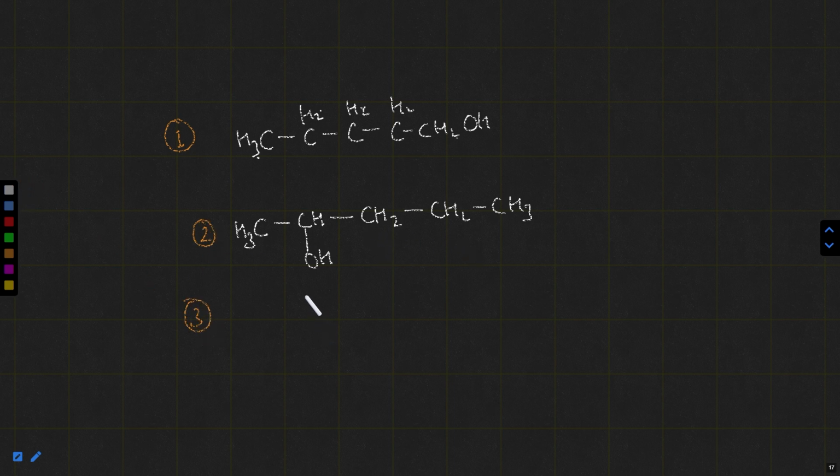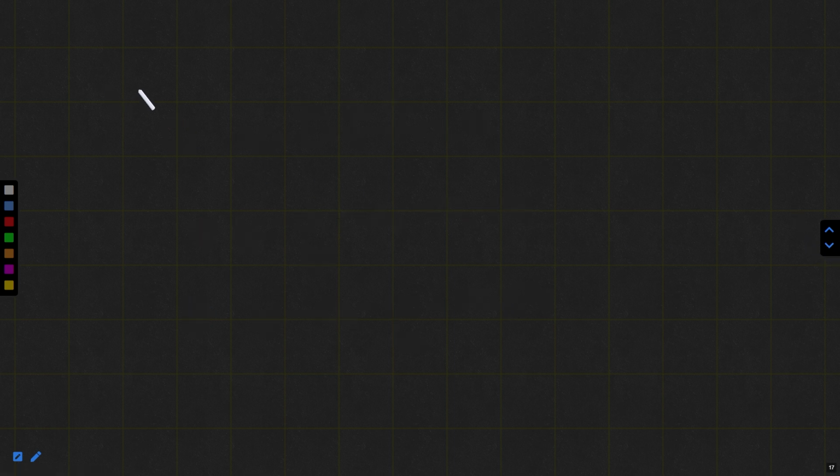Just keep this OH in between. So with this skeleton structure, with the linear skeleton structure, these three structures are possible. First here, second here, and third here. Now let us try a different skeletal structure, but it should not have a double bond or triple bond.